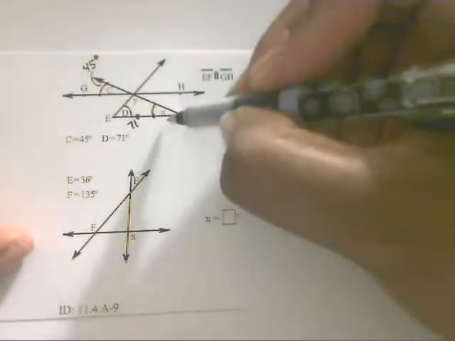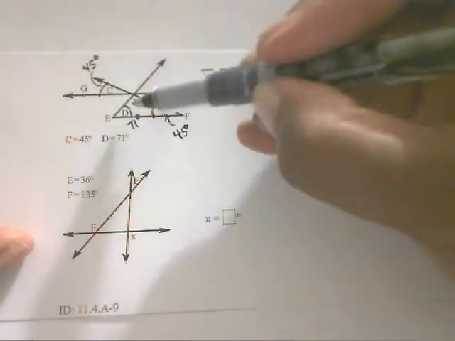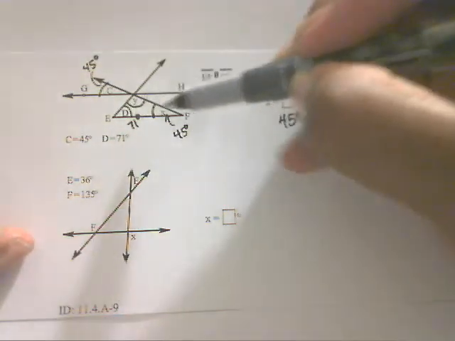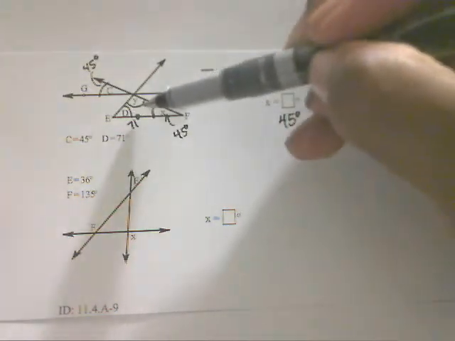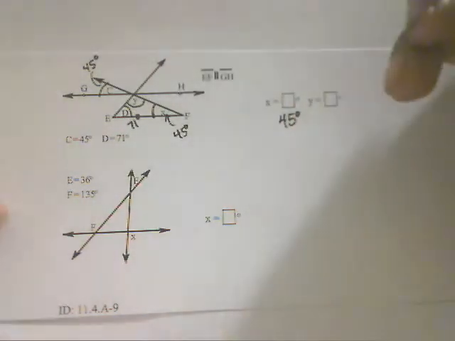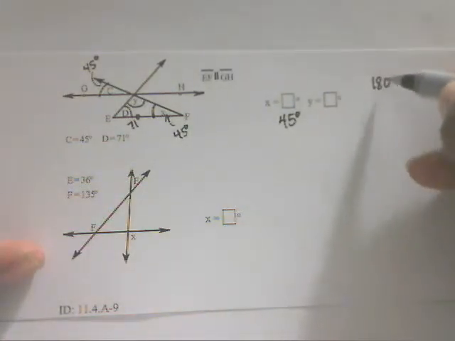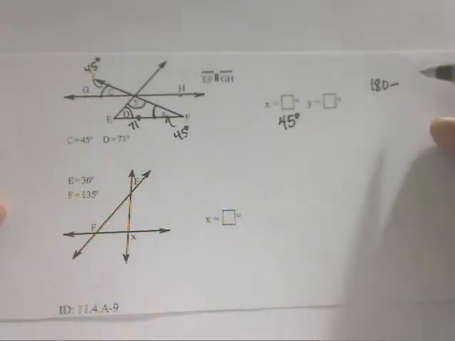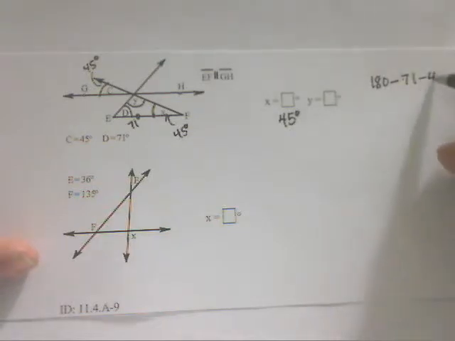Okay, so here angle X, that's 45 degrees. We can find out what angle Y is by using the fact that the sum of all the angles in this triangle below is equal to 180. So if the triangle is 180, then angle Y must be the measure of angle D, which is 71, minus X, which is 45.